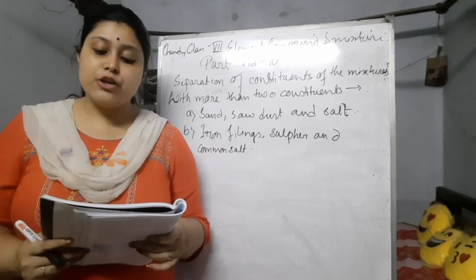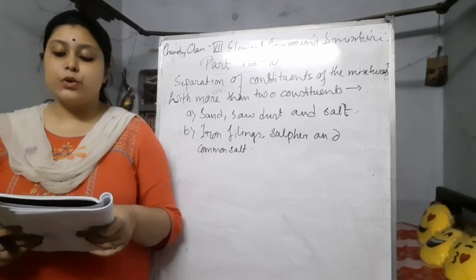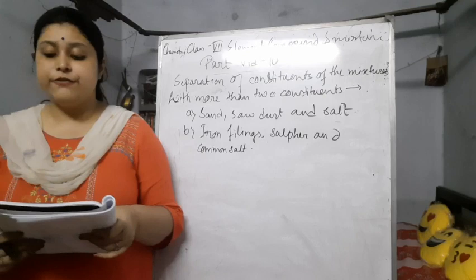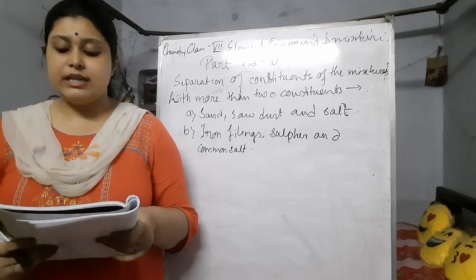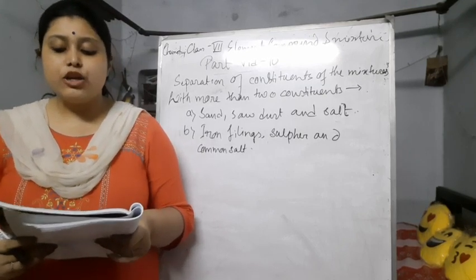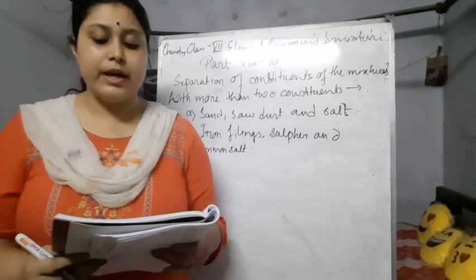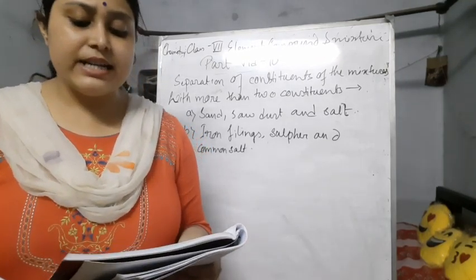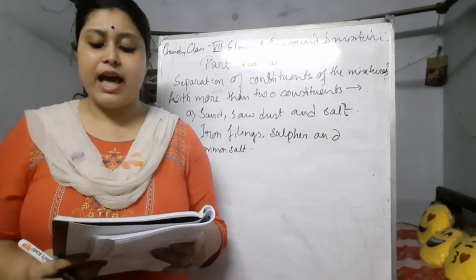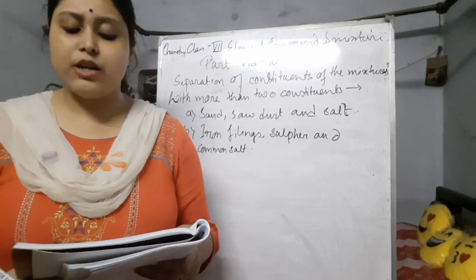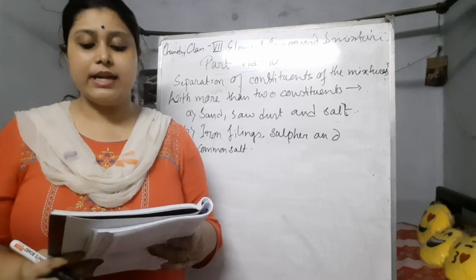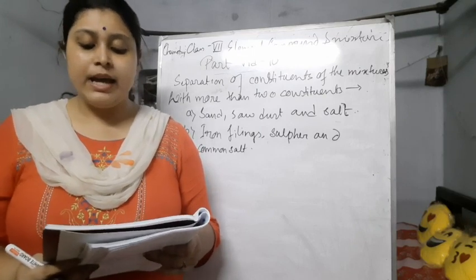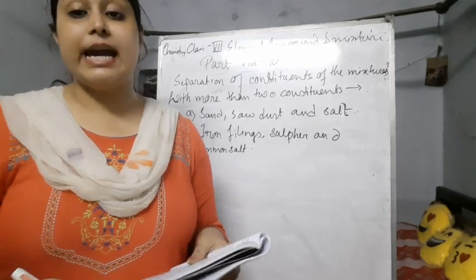Now the salt solution along with the sawdust is poured slowly onto the filter paper fixed in a funnel. The solution passes through the filter paper, and the sawdust remains on it. Sand is left in the beaker as sediment. The salt solution is evaporated to get salt from the water. In this way the components get separated.